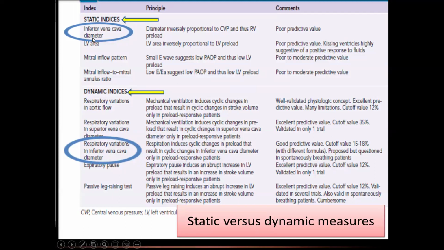The inferior vena cava static diameter has poor predictive value for fluid responsiveness, but the dynamic respiratory variation of the inferior vena cava has good predictive value. We will talk about this later in more detail.